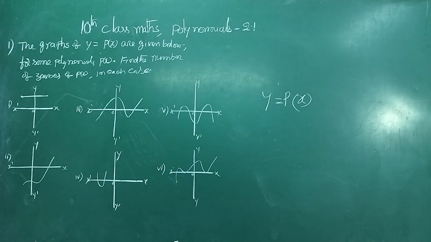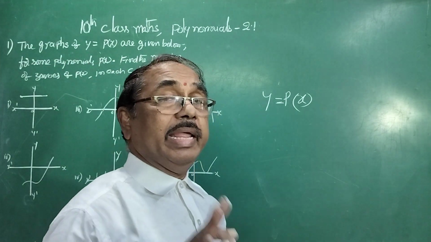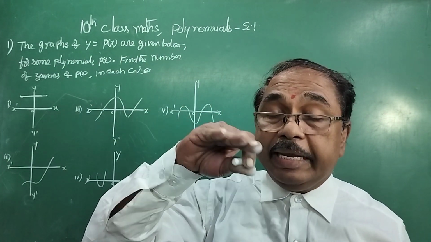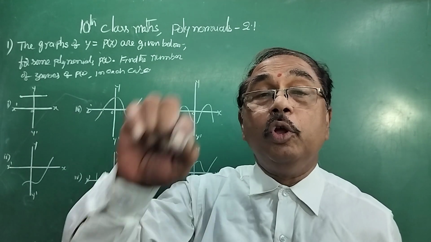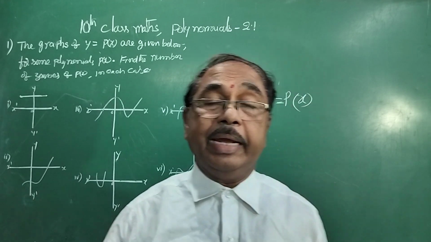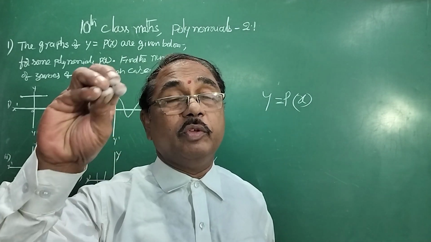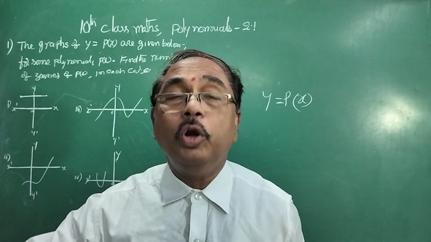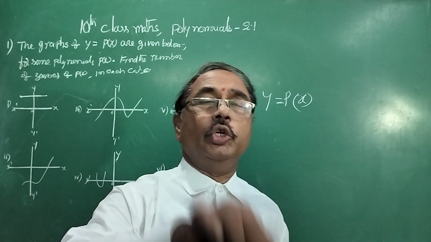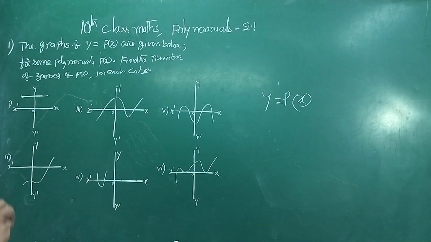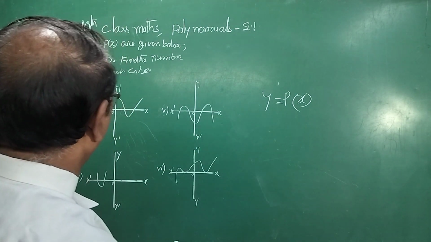Number of zeros means at which real value of the variable the polynomial is 0. That is the zero of the polynomial. The real value at which the polynomial becomes 0 is called the zero of the polynomial.